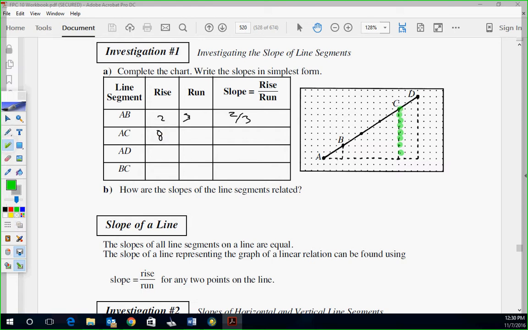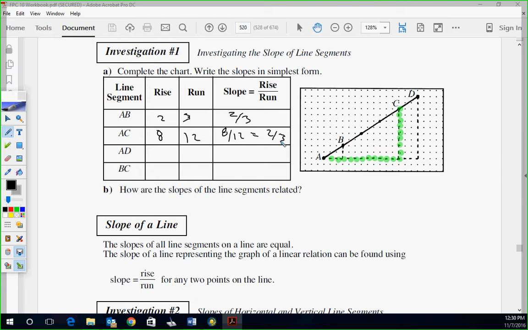And now I'm going to do the run. 1, 2, 3, 4, 5, 6, 7, 8, 9, 10, 11, 12. 12. 8 over 12 is my slope, but what does that reduce to? 2/3. Right? 4 goes into 8 twice, 4 goes into 12 3 times.